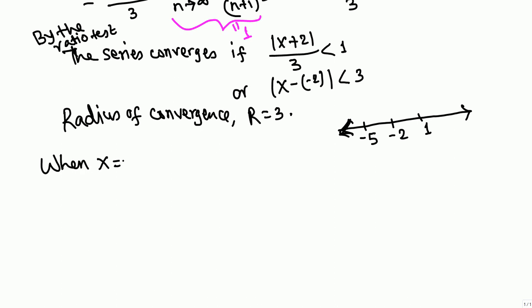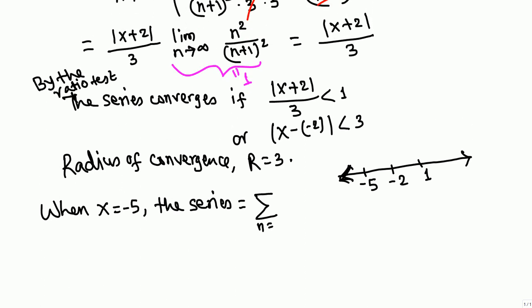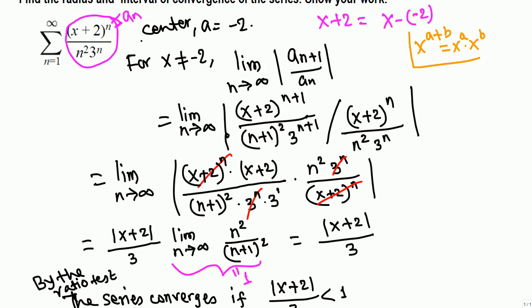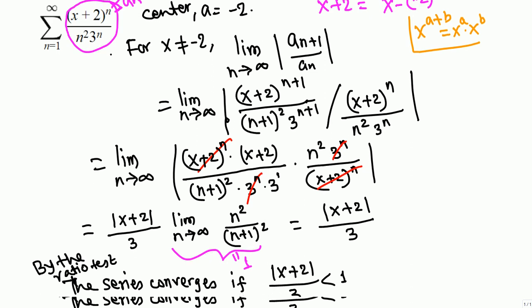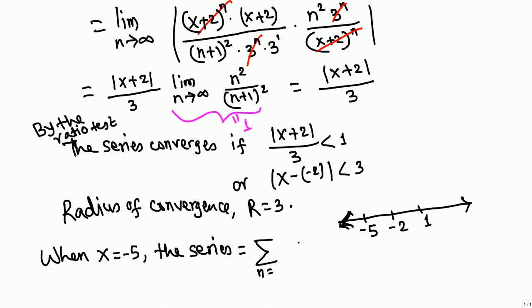When x equals negative 5, the given power series becomes: x plus 2 is negative 3, so (negative 3)^n over n squared 3^n, n from 1 through infinity.